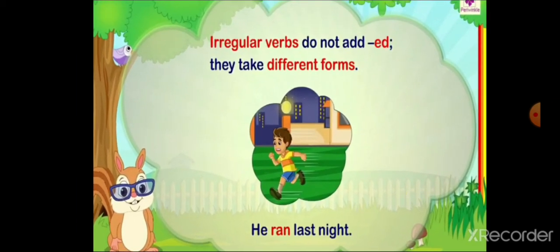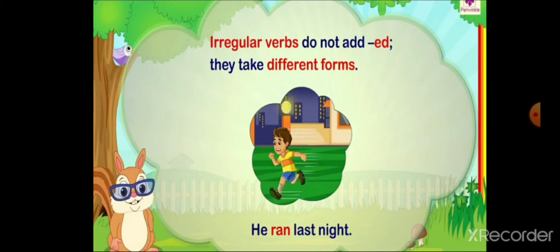Now irregular verb. Now we will talk about the irregular verb. Do not add ed, they take different forms. Means students, whenever we talk about the irregular verb, this type of verb do not end with ed and they take different forms. Like he ran last night.